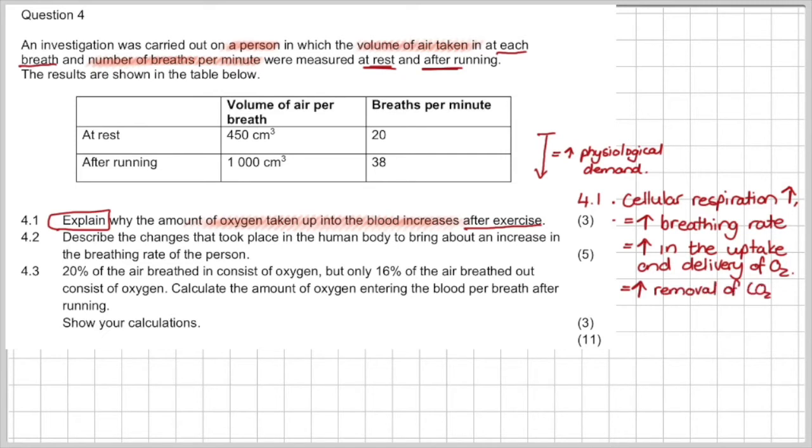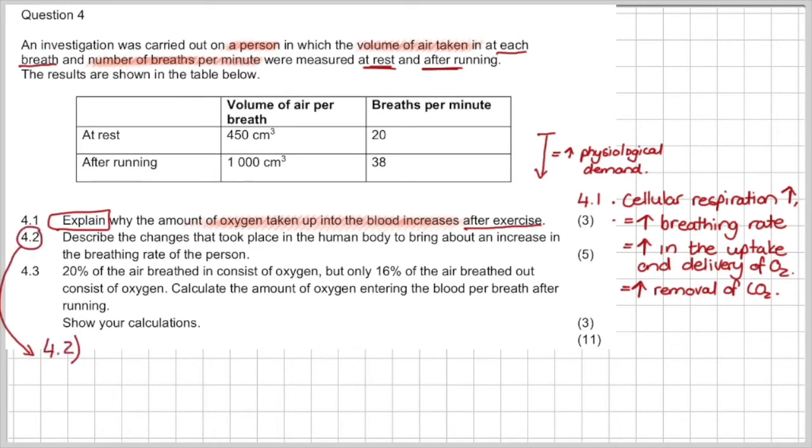There will also be an increase in the necessity for the removal of CO2. So not only the delivery of oxygen, although this is what the question is about, but with an increased breathing rate, we're also going to have the increased removal of carbon dioxide, which is an important point not to forget, although we might not get a mark for that in our answer here.